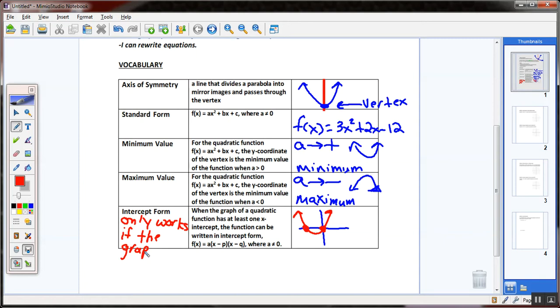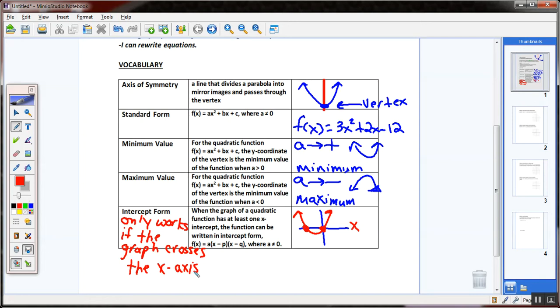Which 2 points did I highlight? Yep. This is only going to work if the graph crosses the x-axis. And then the form we're going to take on here, kids, is f of x is equal to a times (x minus p) times (x minus q).